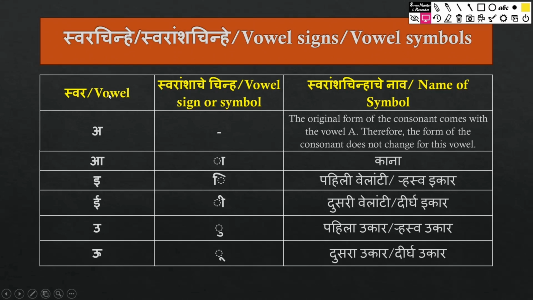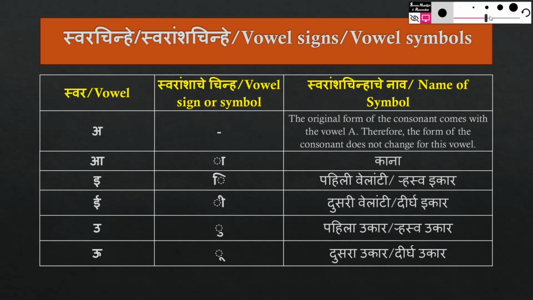The first column is for vowel, meaning swar. The second is for vowel signs or vowel symbols, meaning Swaransh Chinna or Swaranshache Chinna or Swara Chinna. And the third column is for Swaransh Chinnache nav. If you find it difficult, you can call it Swara Chinnache nav, or in English, the name of that symbol.